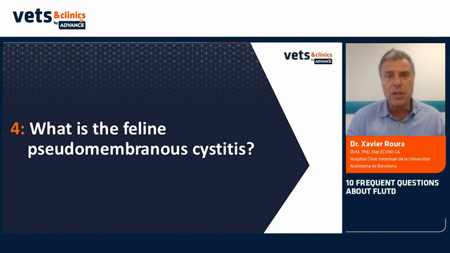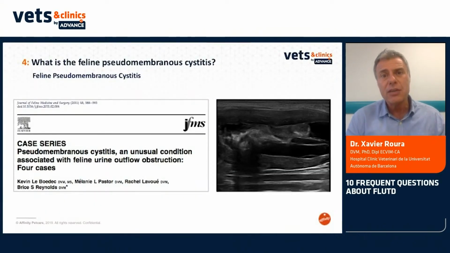Until very recently, we always thought that urinary tract infection is quite infrequent. But in 2011, the French colleagues described a different presentation with the same clinical signs, in obstructed cats, which produce the clinical signs of cystitis but with a different explanation.